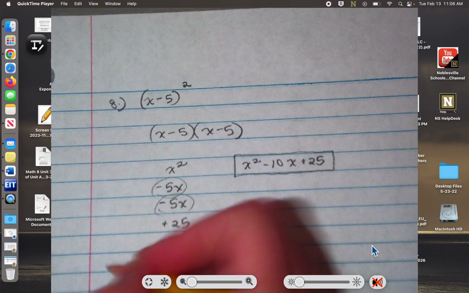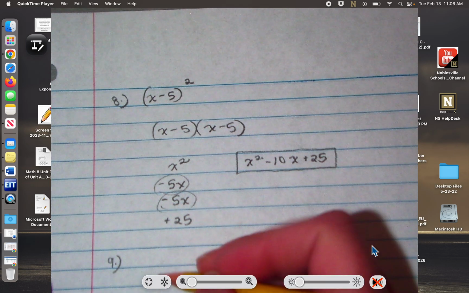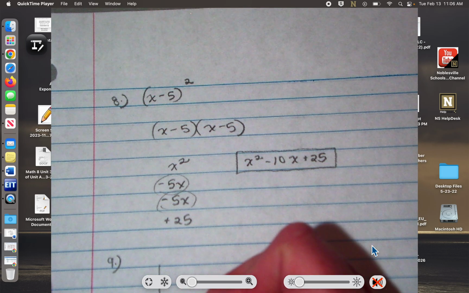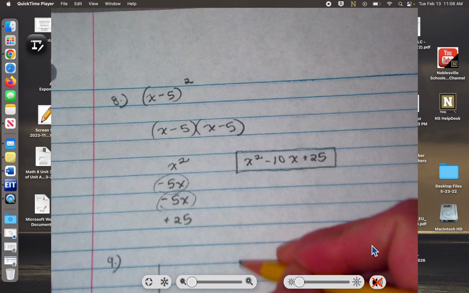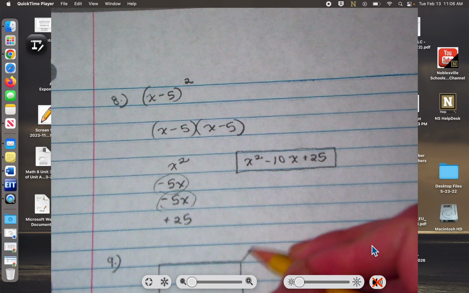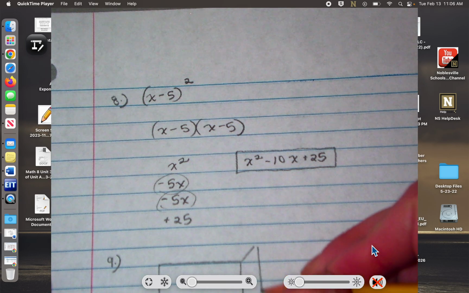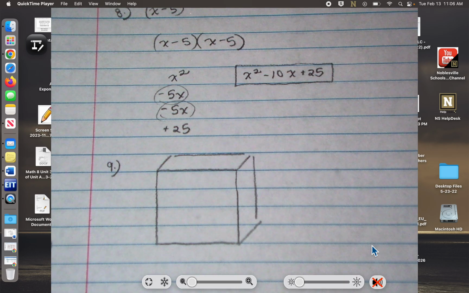Okay. Let's look at another problem. You're going to have to draw a picture here. Oh, yeah, let's go. Oh, 3D square. Yep.